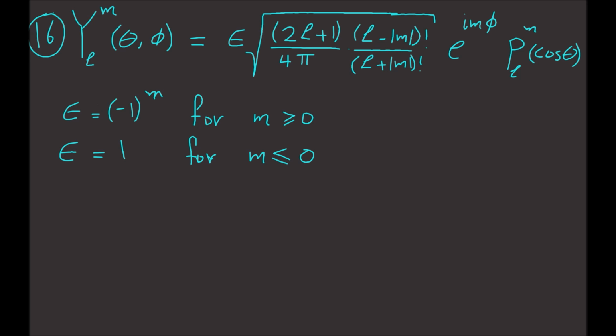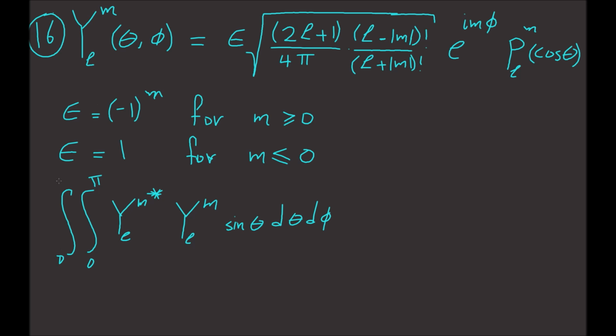I also want to mention that these solutions are orthogonal to each other, in the sense that if you integrate Y of L and M star, or complex conjugate, times Y L and M times sine of theta d theta d phi, from 0 to pi and from 0 to 2 pi, this equals Kronecker delta of L and L prime and Kronecker delta of M and M prime, if you remember this from the first videos.